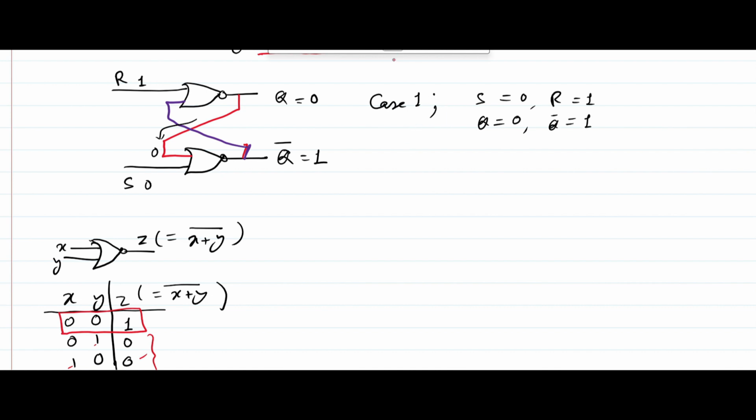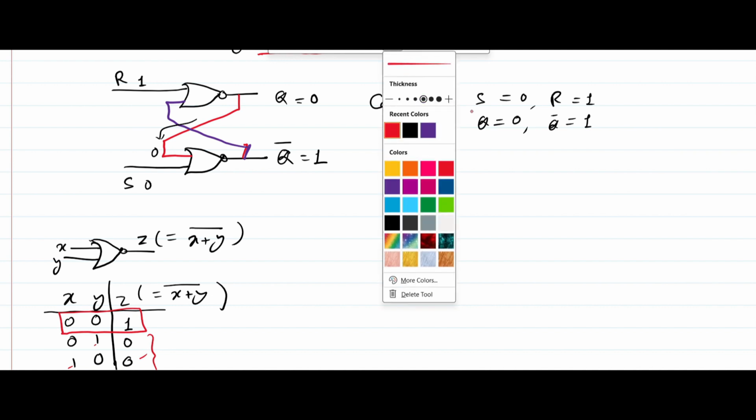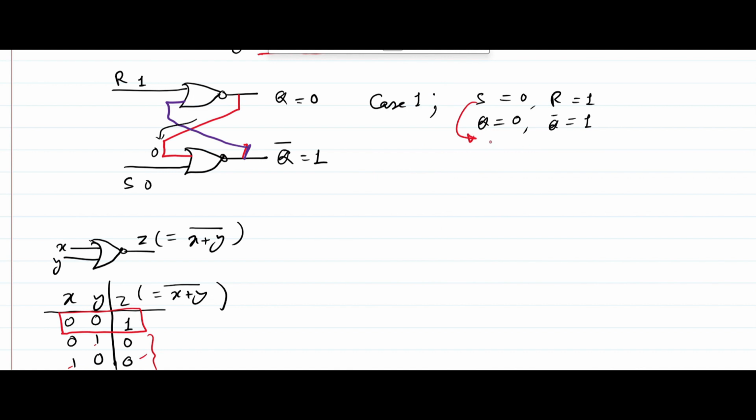Now to get the memory state, what will we do? We will use S equals 0 and R equals 0. After putting S equals 0, R equals 1, if I use S equals 0 and R equals 0, what happens?